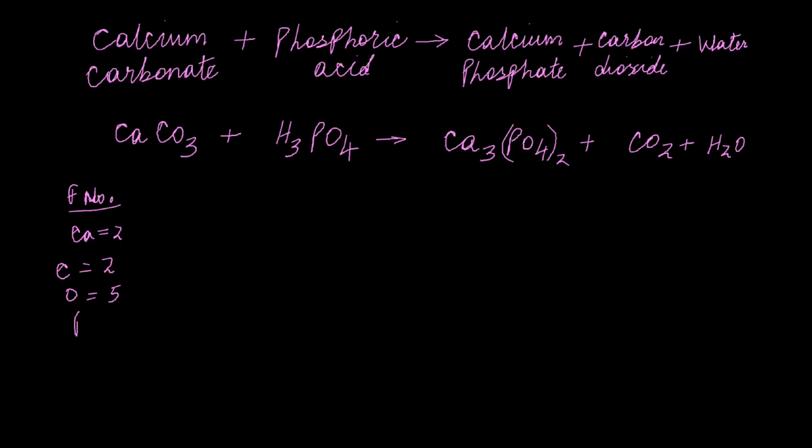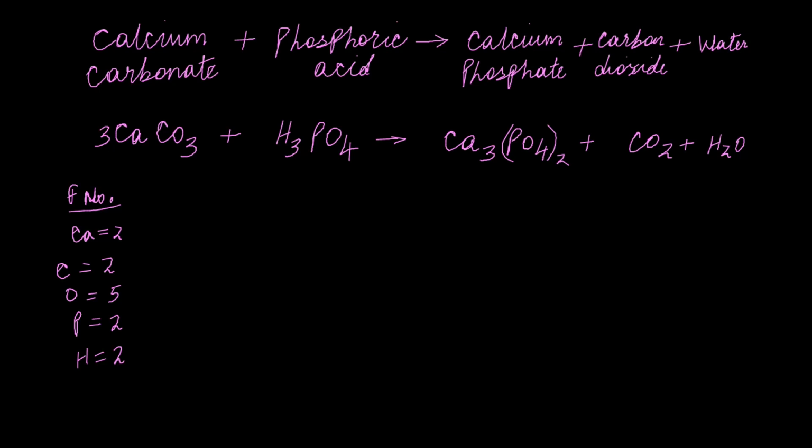Then phosphorus 2, hydrogen 1, 2, hydrogen 2. Now first you have to balance the ones with the lowest F numbers. Now 4 of them have the lowest F numbers, 2. So you'll choose the metal first. Now metal is calcium, so put 3. Now calcium is balanced.